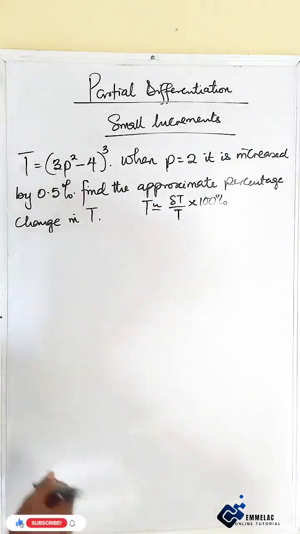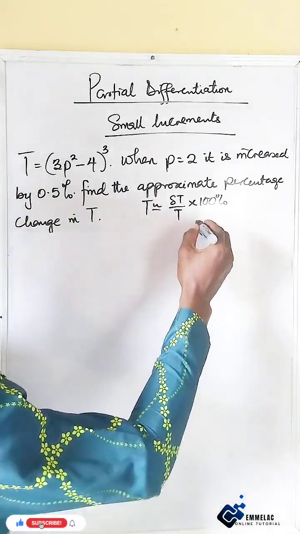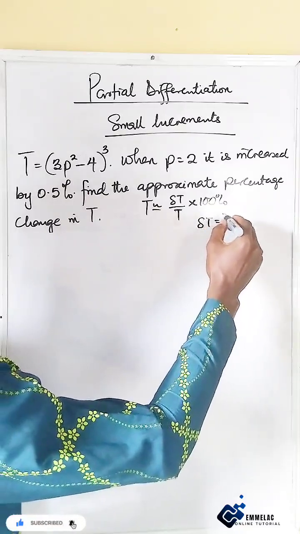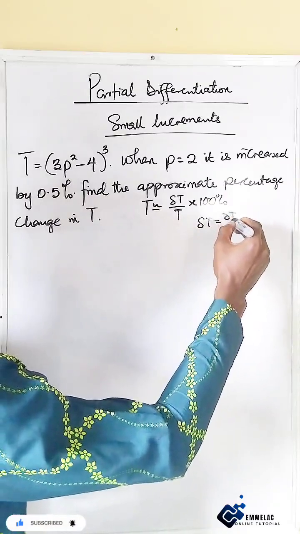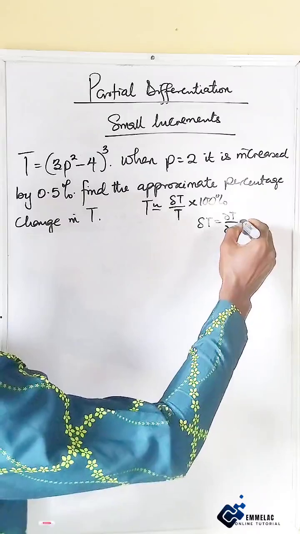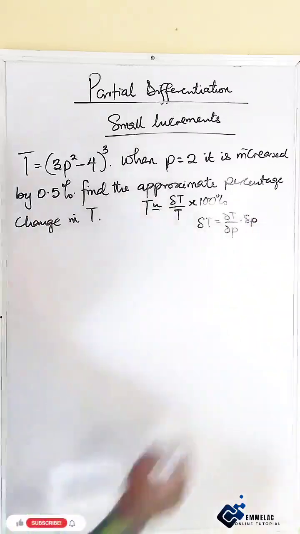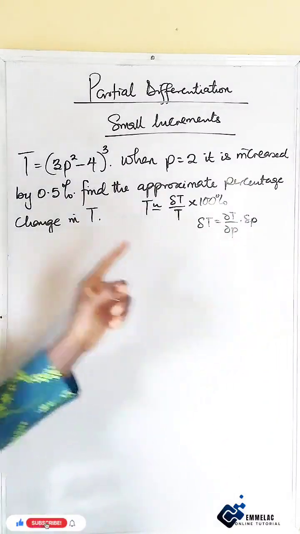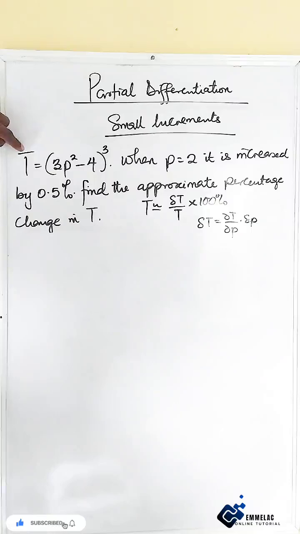By formula, the change in t will give us the partial derivative of t over the partial derivative of p, times the change in p. Why I say t over p is because it involves these two variables, t and p.